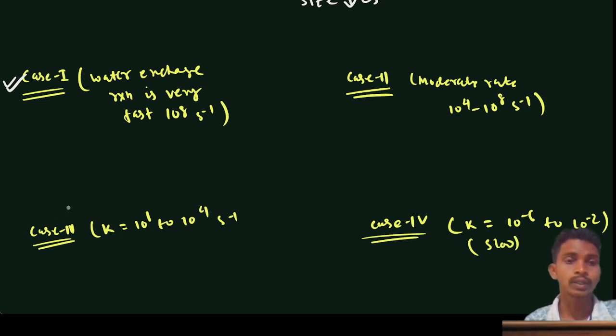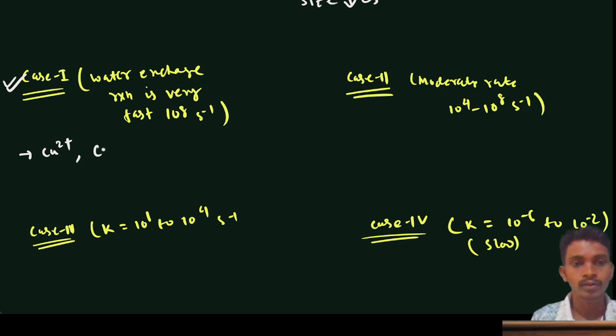Transition metal complexes which have a strong JTD fall in the very fast, highly labile category, like Cu2+, that is d9, and chromium 2+. This type of compound gives very fast reactions, and moderate reactions are from those which have weak JTD.